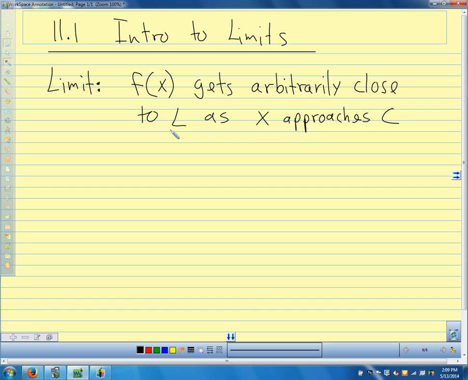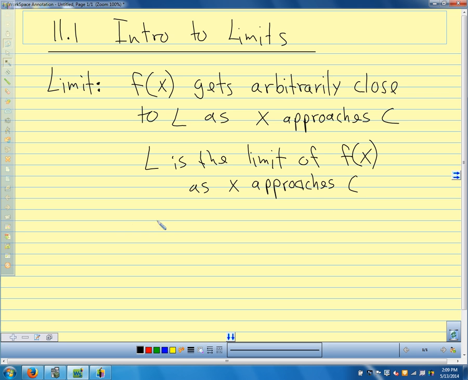We call L the limit of f as x approaches C. And our notation is the limit as x approaches C of f of x equals L.